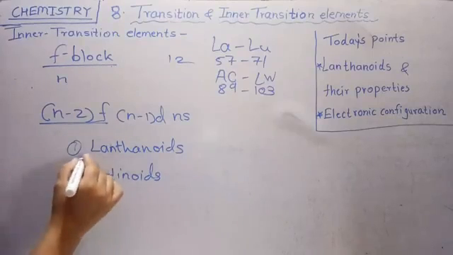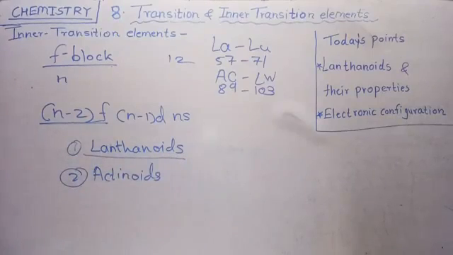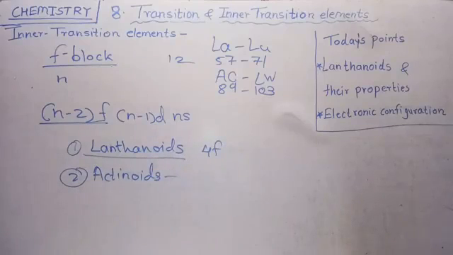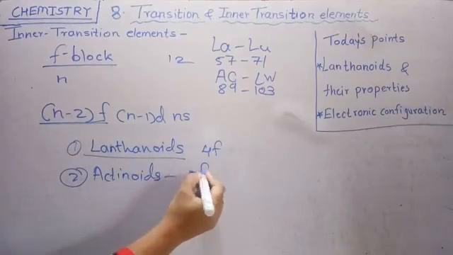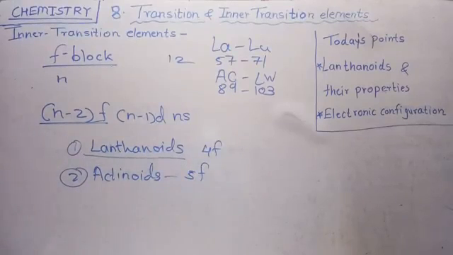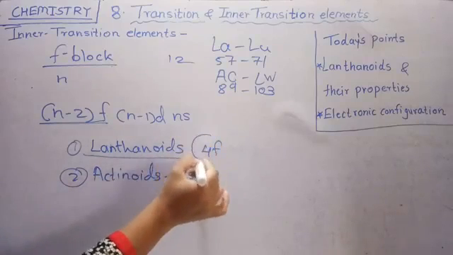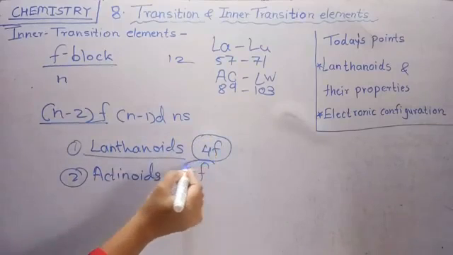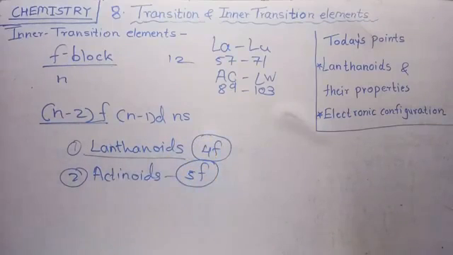In the lanthanoids, the valence electrons enter into the 4f orbital, and in the actinoids, the valence electrons enter into the 5f orbital. So the first series of inner transition elements is also called the 4f series, and the second series is also called the 5f series.